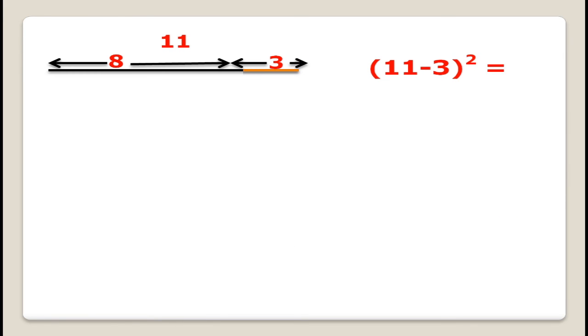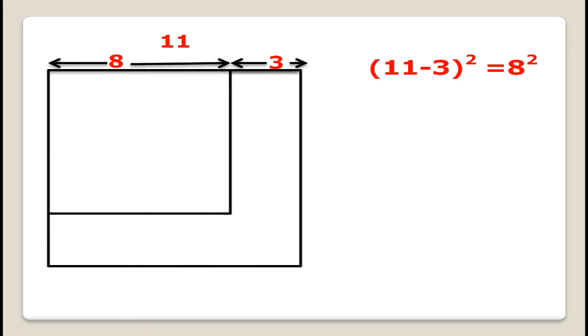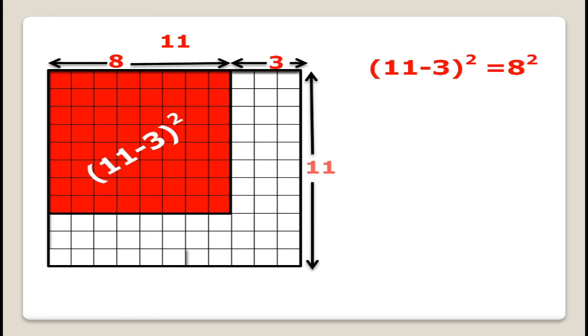Let's try one more, that is extracting 3 from 11. Subtract 3 from 11 and we have this configuration. And when we remove this area, the first rectangle we will consider here is 11 by 3 and the second would be 8 by 3.